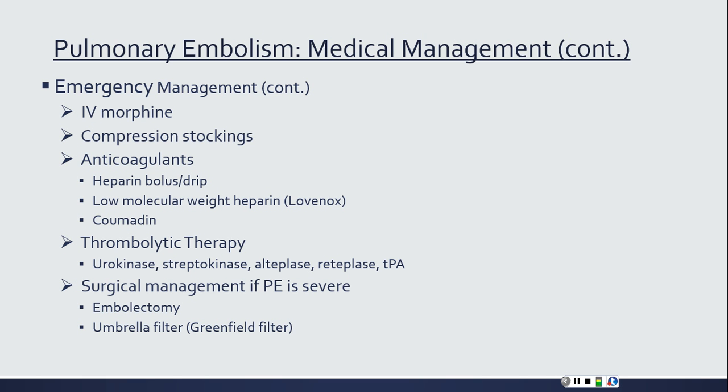And then surgical management, if the pulmonary embolism is severe, they can actually go in and do surgery. Usually they can remove it, but most commonly the surgery is going to be to prevent further complications of the emboli. All right, so they'll do an actual filter, this umbrella filter, Greenfield filter.